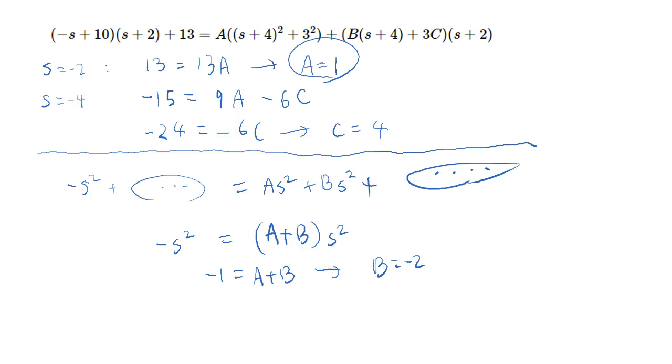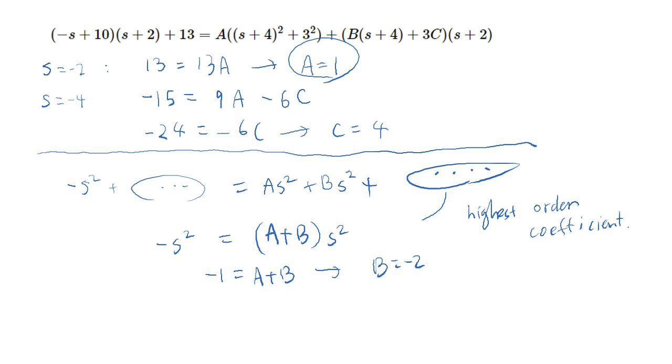Now, such a method I like to call compare the highest order coefficient. Alright, so we got b equal to negative 2, c equal to 4, a equal to 1.